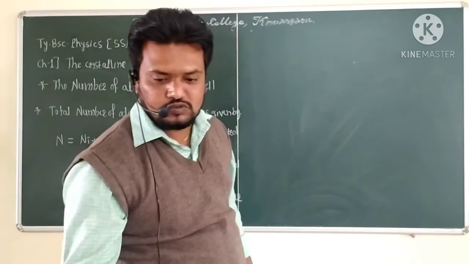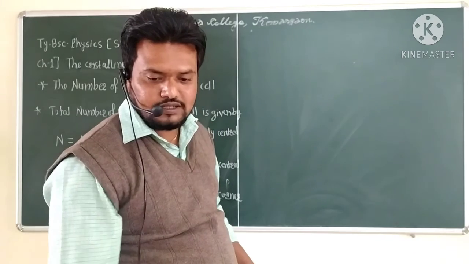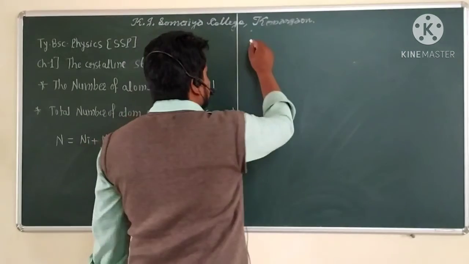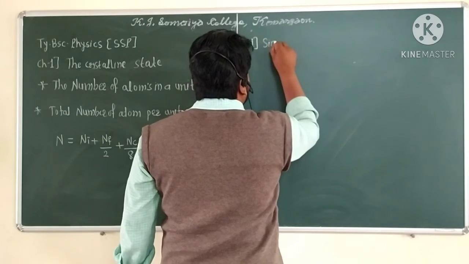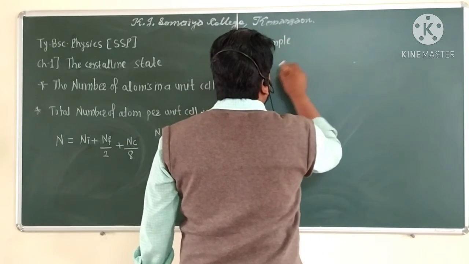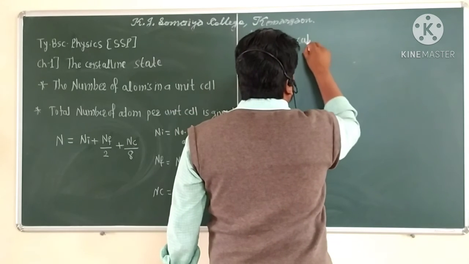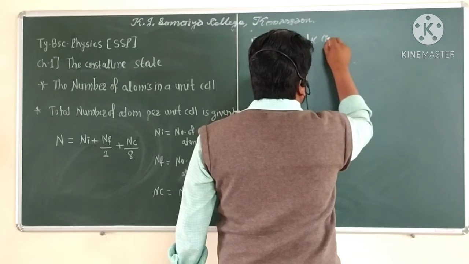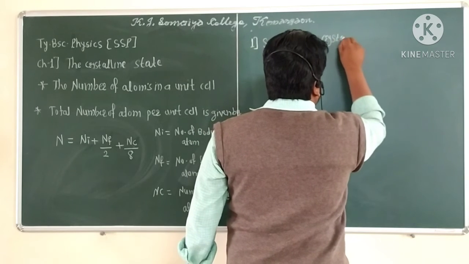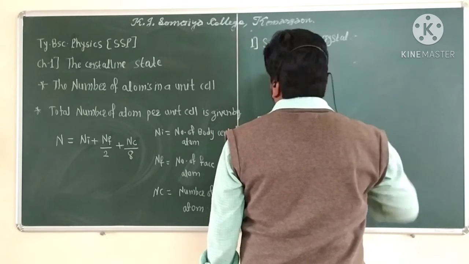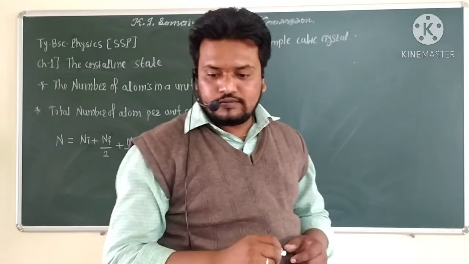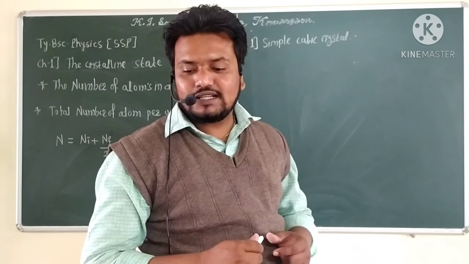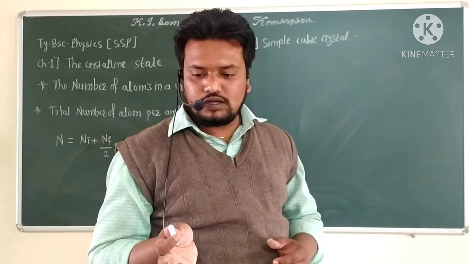So the first system is the simple cubic crystal, and in this simple cubic crystal there are only 8 atoms, which are present at the corners.